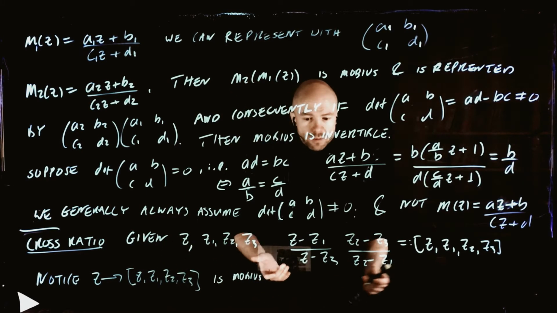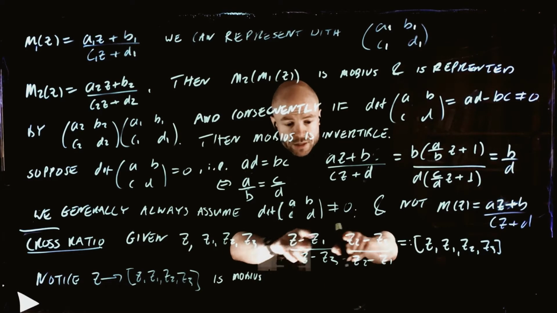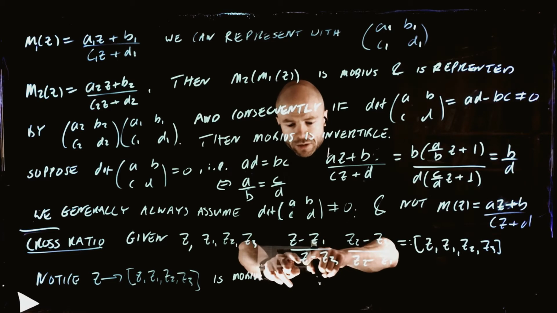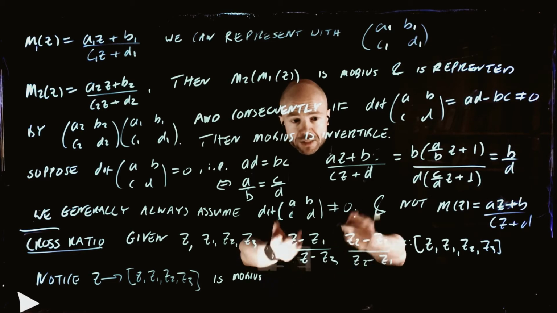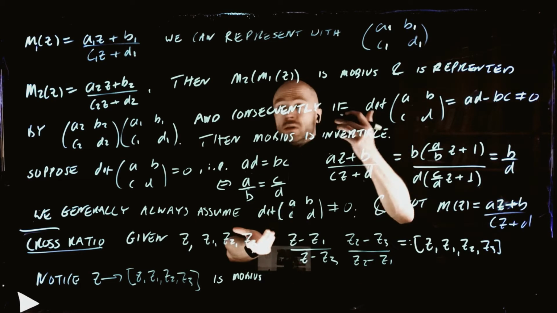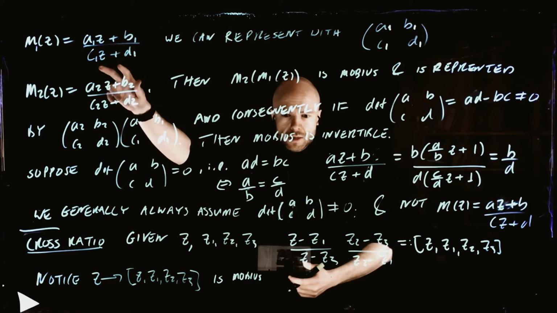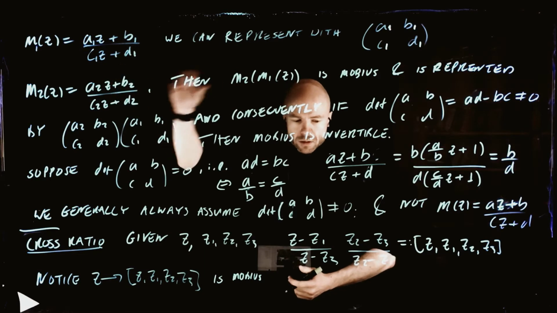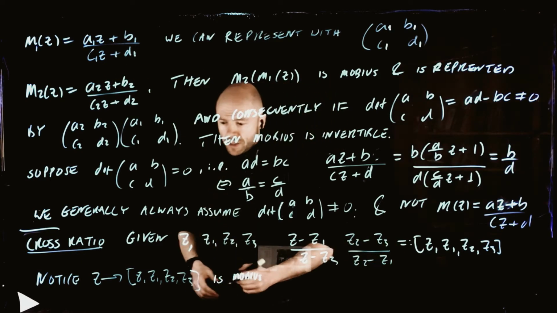Right? Because what is this? This is just some complex number, and then Z minus another complex number divided by Z minus another complex number. It's exactly of the form of a Mobius transform, like this, yeah? See what I mean? Yeah? Give me a thumbs up. Okay, cool. So this is a Mobius transform, and it has particular properties.